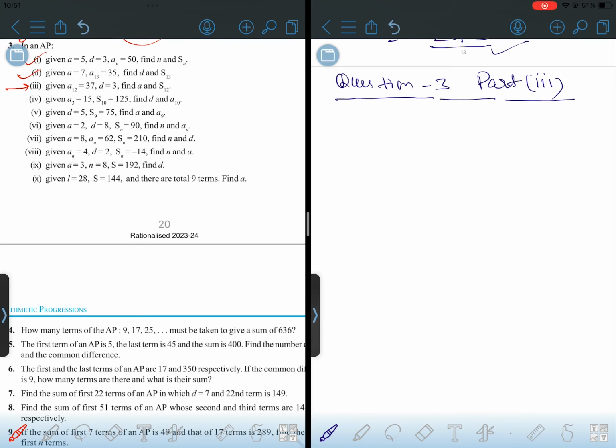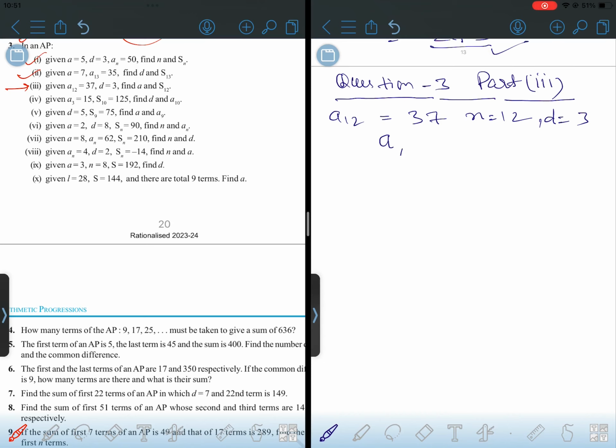Here we are given the value of a12, so it means the value of n is also given. So n will be 12. Then you are given d, which is 3, and we have to find out the value of a and S12.